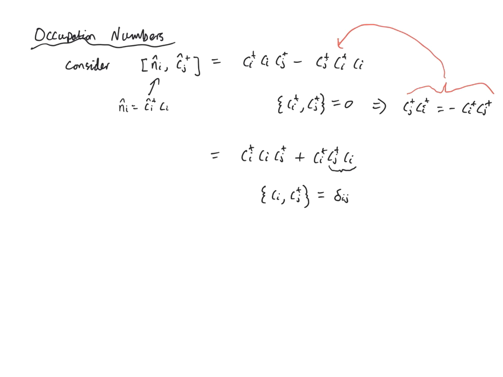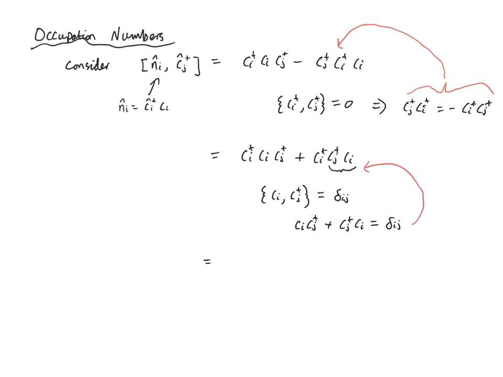It depends on whether we're talking about the same orbital or not. Okay, so using this expression, we can write that Ci Cj dagger plus Cj dagger Ci is equal to delta ij. We can substitute that in here.